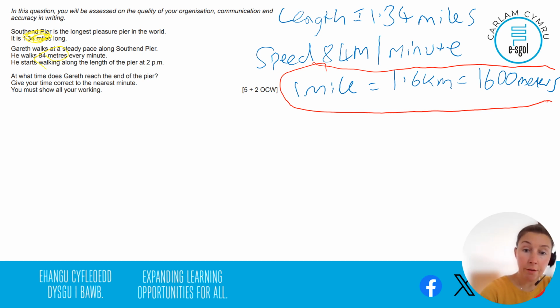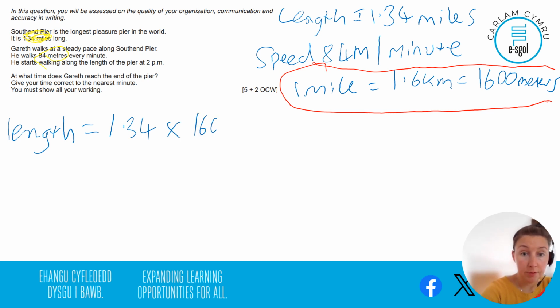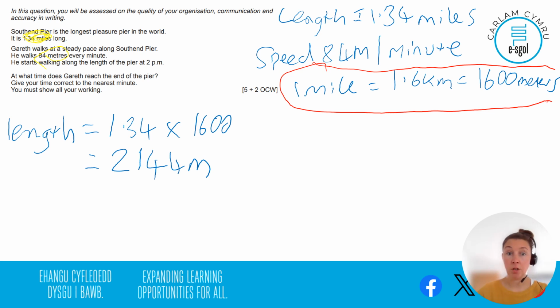So then we take the length, which equals 1.34 times 1600 meters. You put that in your calculator, and the answer is 2,144 meters. So now we have changed the miles into meters. Put meters down there because we are working with miles and meters, just so it's clear for those OCW marks.